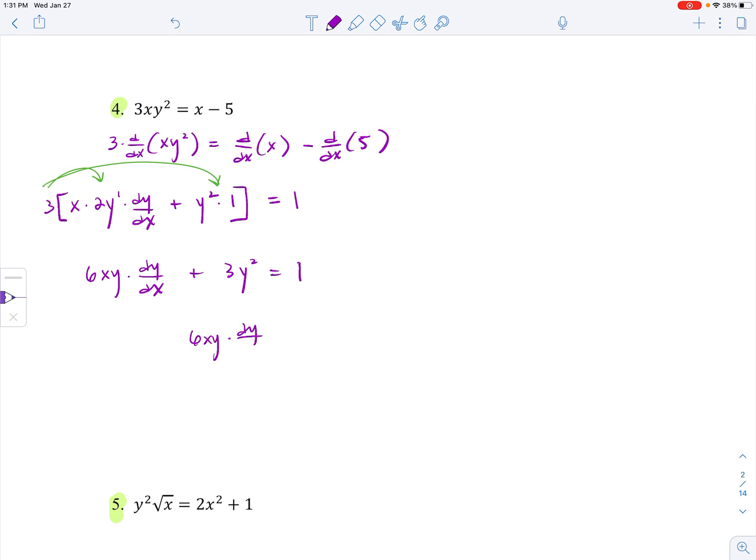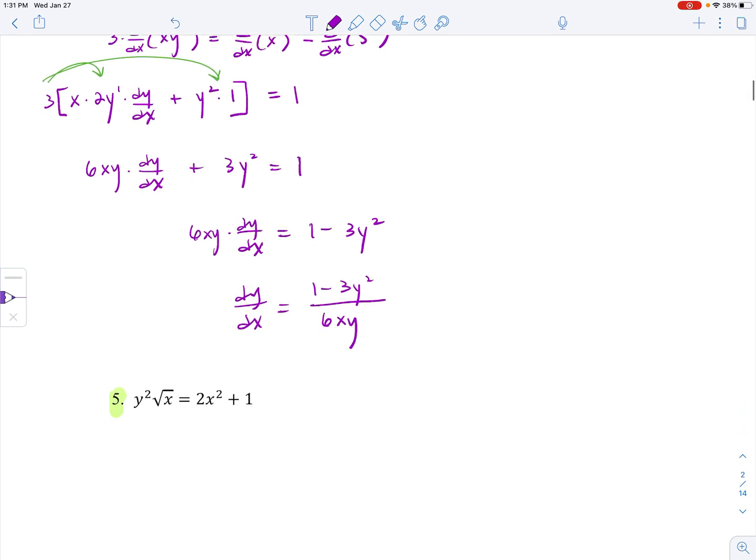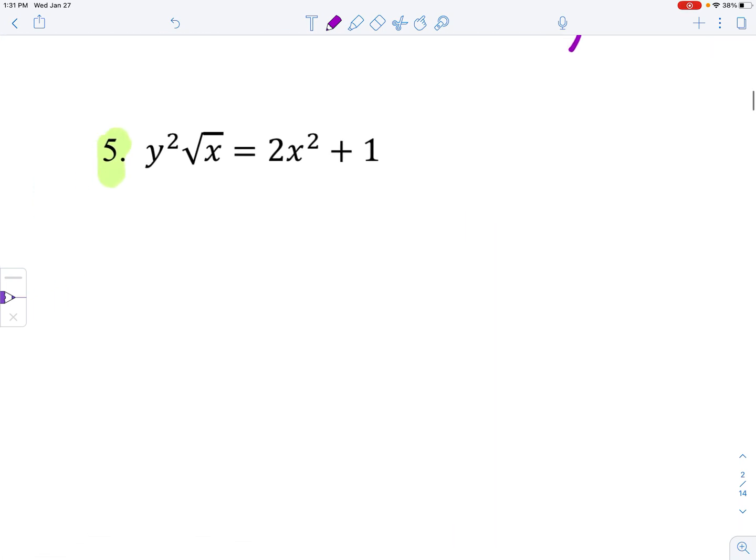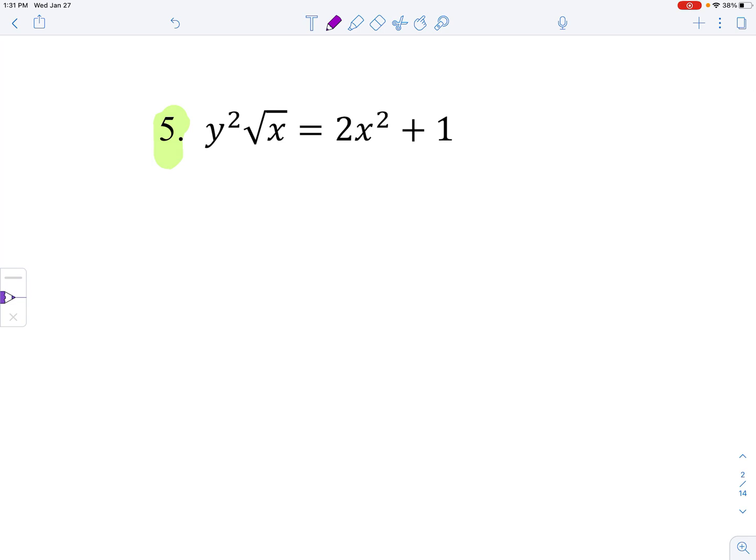And now thinking about moving everything away from the dy over dx, I'll subtract 3y squared on each side. And then divide by 6xy. And I believe that's it.